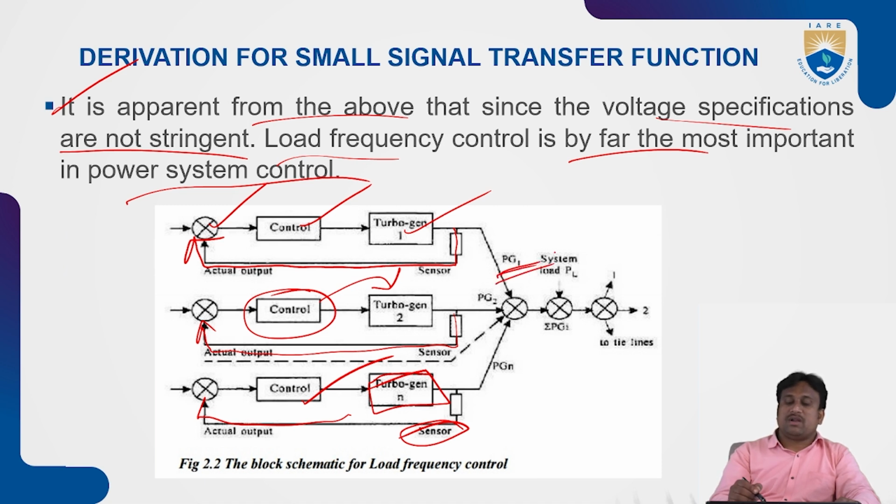Here PG1 is the turbo generator 1 parameter, PG2 is the generator 2 parameter, and for n number of generators PGN will exist.